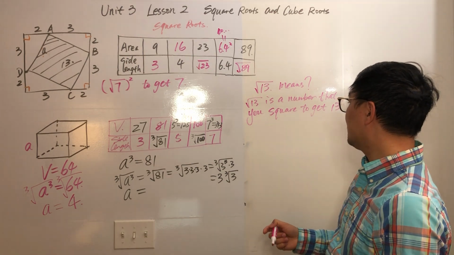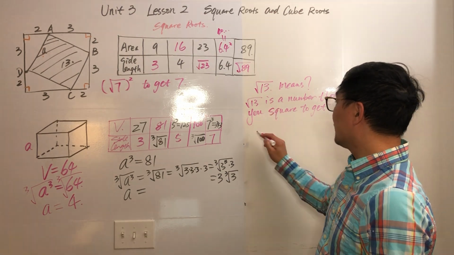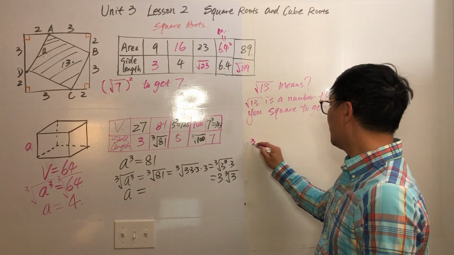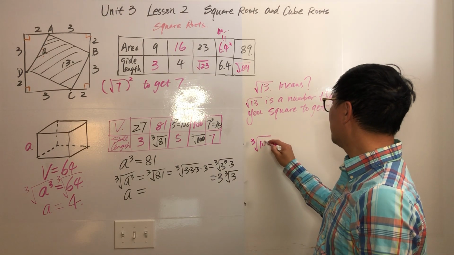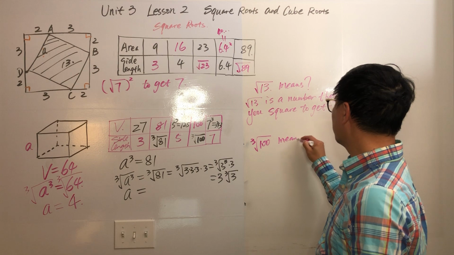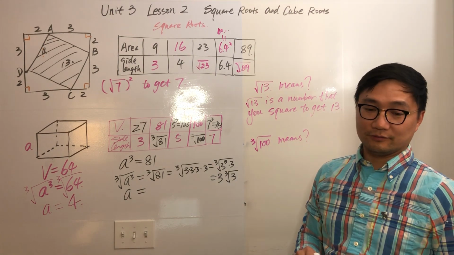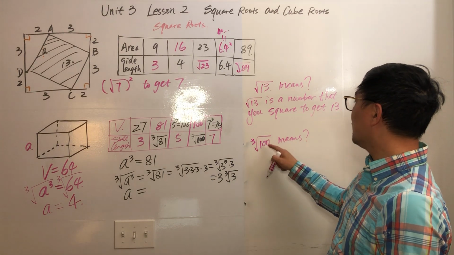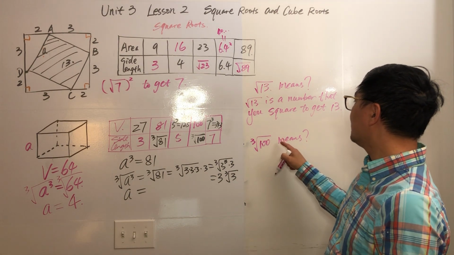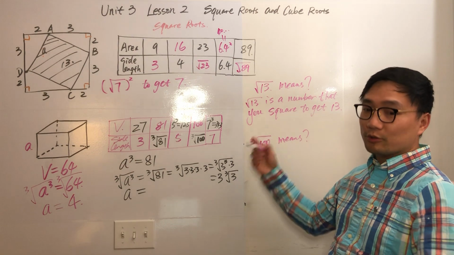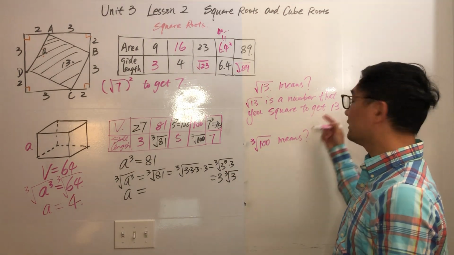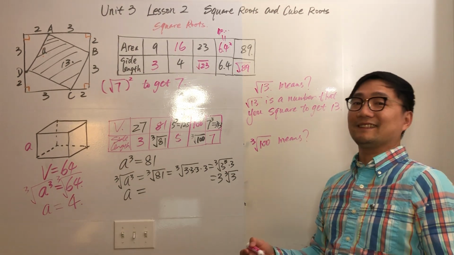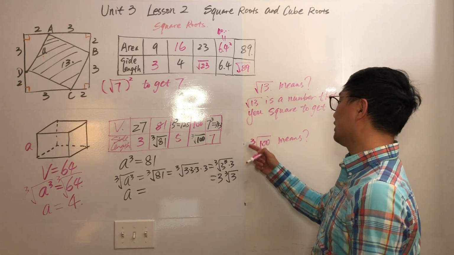If I change it, what does cube root 100 mean? How do you answer this question? Cube root 100 is a number that you cube to get 100. That is the meaning of cube root 100.